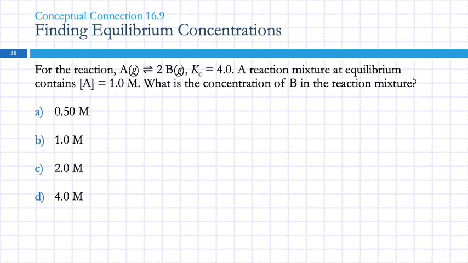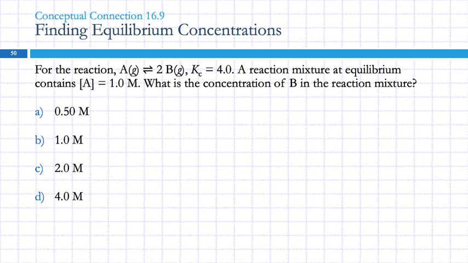Okay, for the reaction A goes to 2B, Kc is 4. The reaction mixture at equilibrium contains 1 molar A. What's the concentration of B? So this is a conceptual question, so in theory we shouldn't need a calculator.